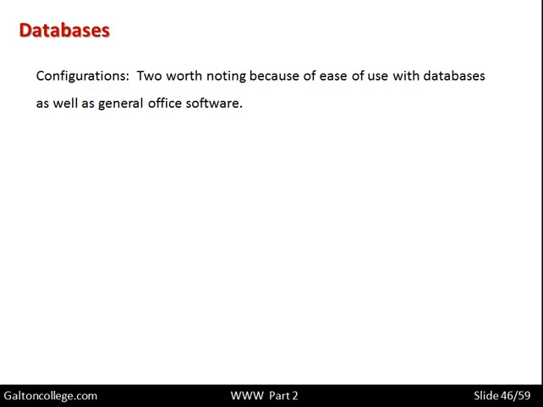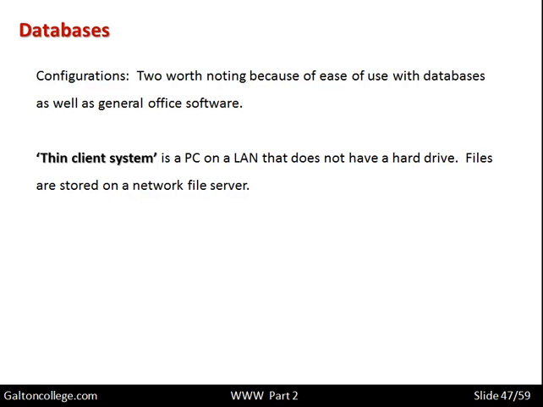The configurations of databases, well, two worth noting because of ease of use with databases as well as the general office software. One configuration is known as the thin client system. This is a PC on a LAN, a local area network, that does not have a hard drive. It's sometimes known as a dumb terminal. The dumb terminal means it's just an access point.